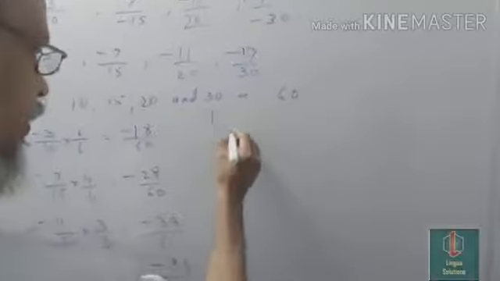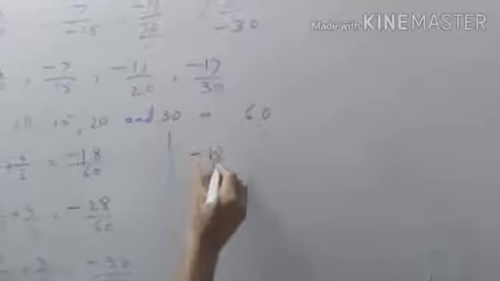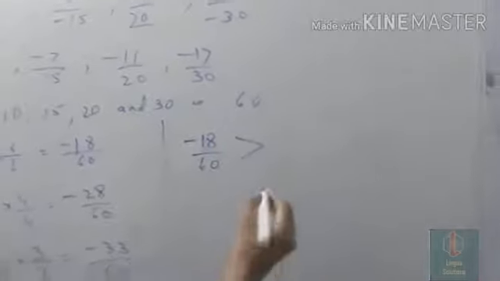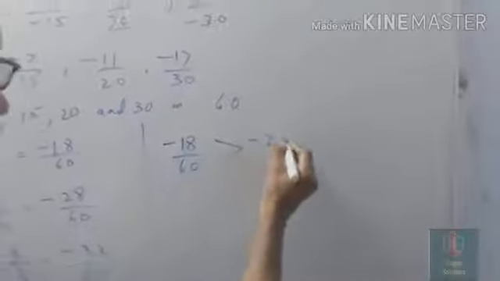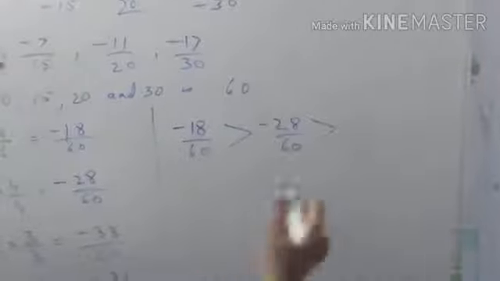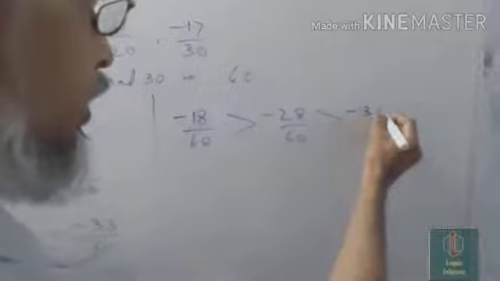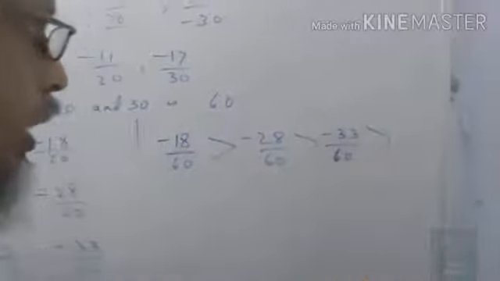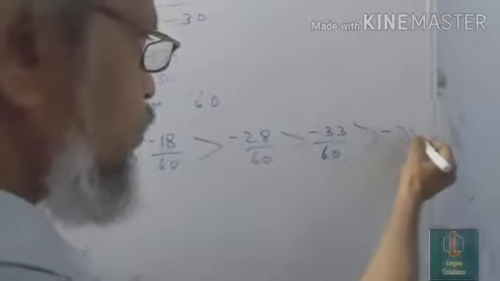So our numbers will be minus 18 by 60 is greater than minus 28 by 60 is greater than minus 33 by 60 is greater than minus 34 by 60.